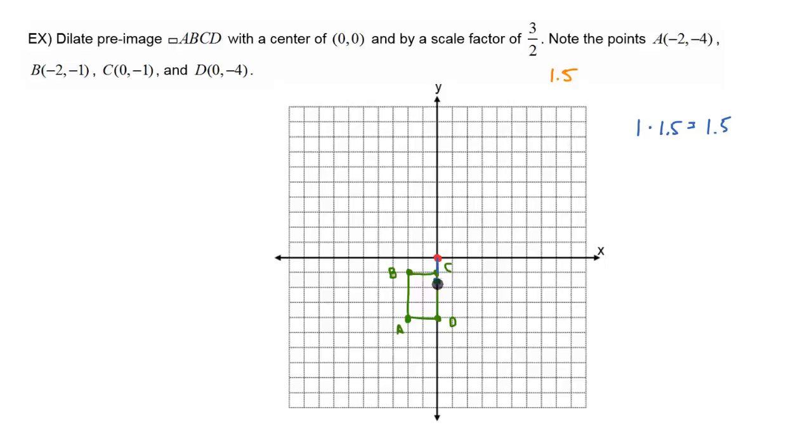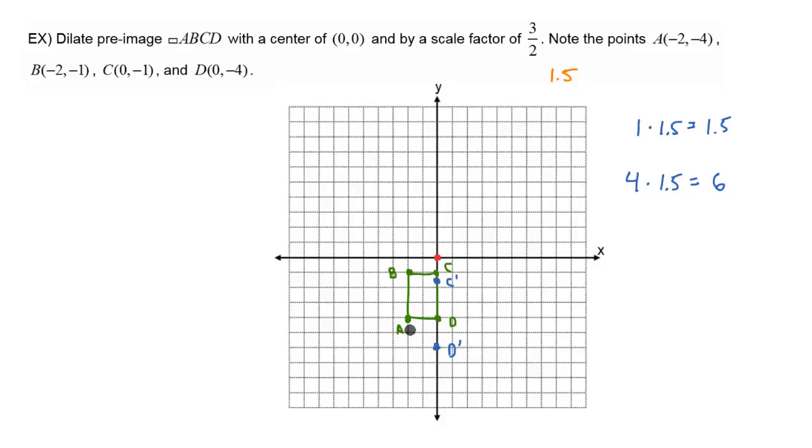So that's going to be our C prime. And then we could do point D. So from our center, we went down to D 1, 2, 3, 4 times. So that distance we multiply by 1.5. That's going to give us 6. So now we have to move from the center down 6. So that's going to put us right about here, and that's going to be D prime.